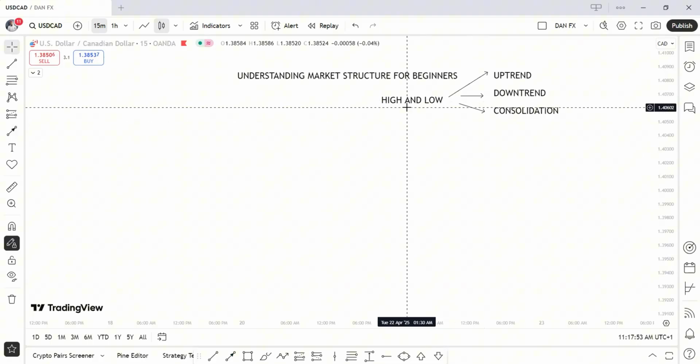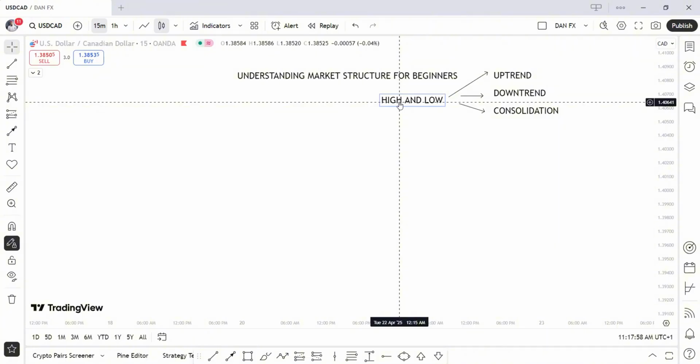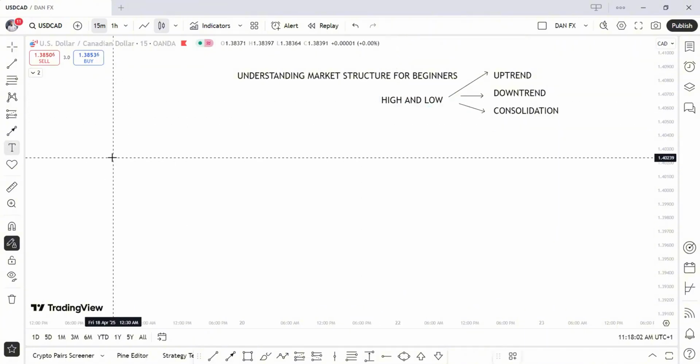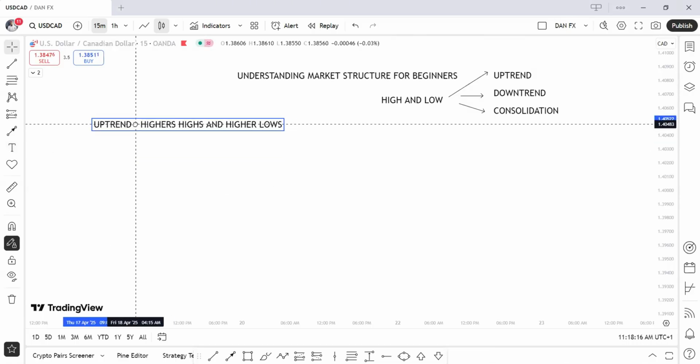The difference between the three of them is where the highs and lows are located and how they are structured. So an uptrend consists of higher highs and higher lows.